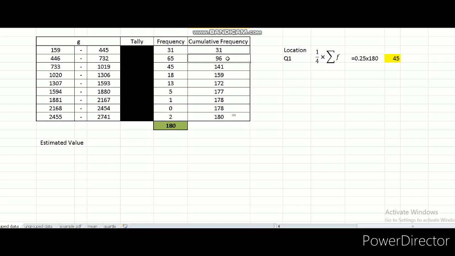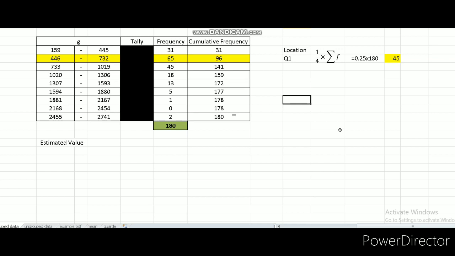If we line up the first group, we only reach the 31st number, and then when we add the second group, we come to 96 data. It means the 45th is in the second group. I hope it's clear. So let's mark it in yellow. This is the location of your first quartile.